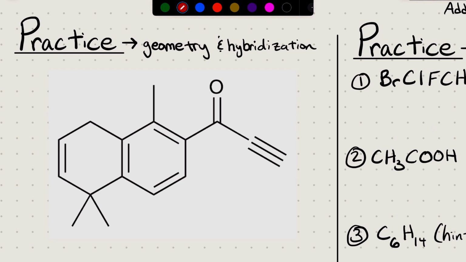So I want you to practice here, and here, and here, and here, and for the sake of it, let's do this one here. Okay, pause the video and go ahead and try figuring out the hybridization of these 5 points on this gigantic molecule.